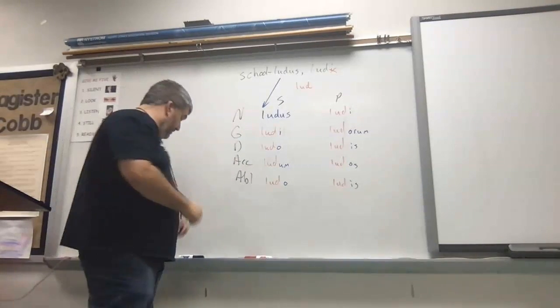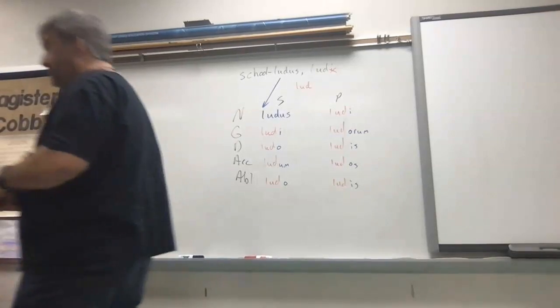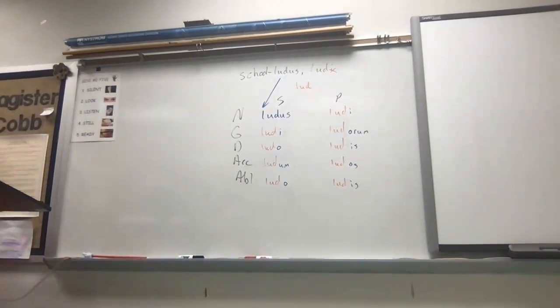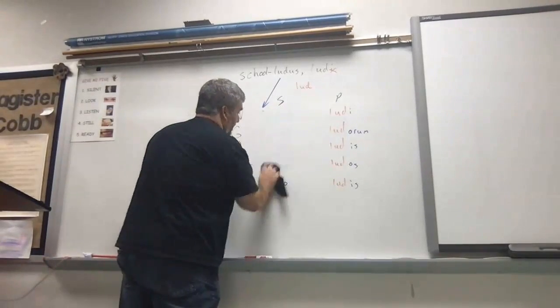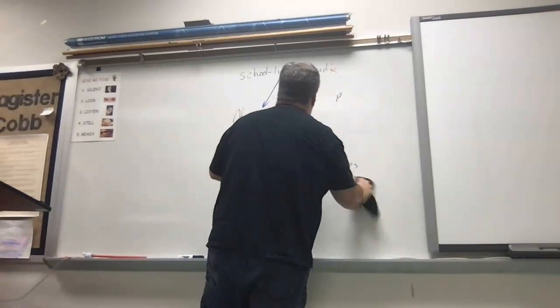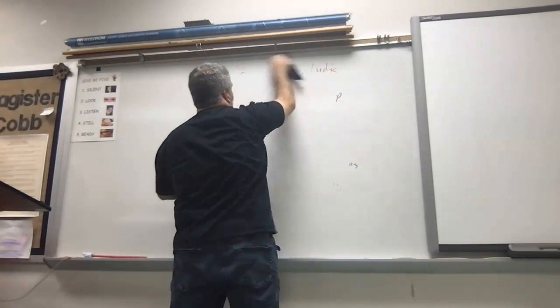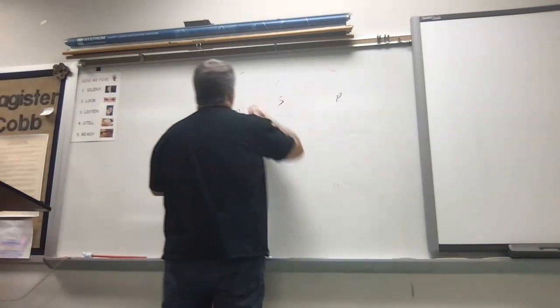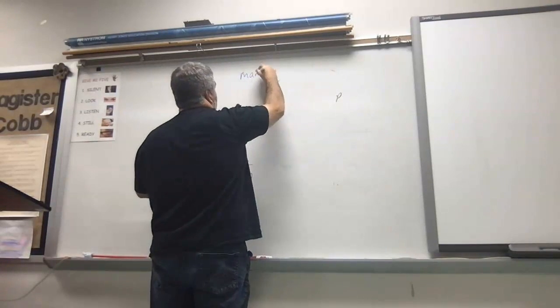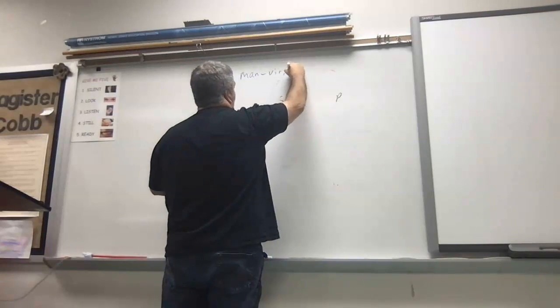Now, if it's one of those words that has a second declension ending, but it ends in R rather than US, it's going to look slightly different. So let's take a look at what it would be if we did the word for man. So if we did our word for man, that's vir, viri.